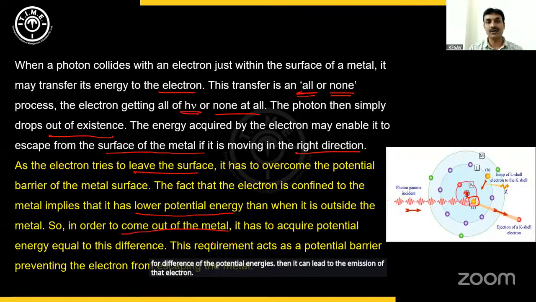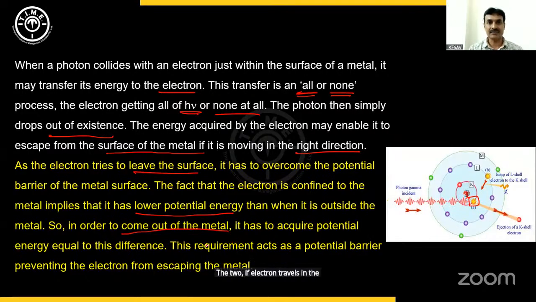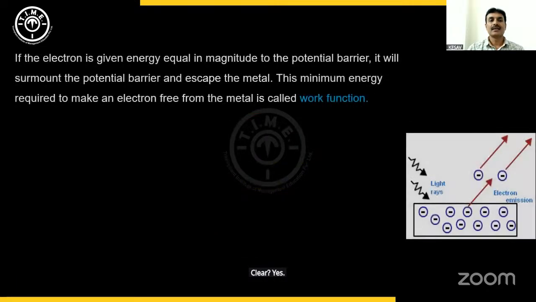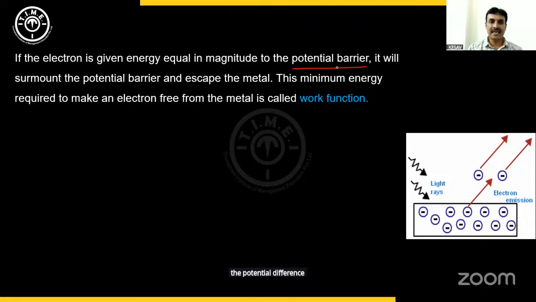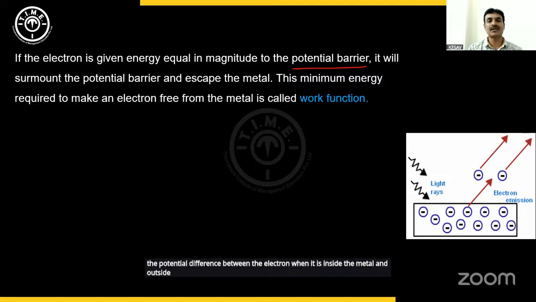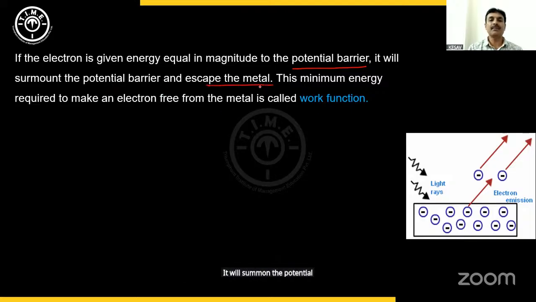That too, if the electron travels in the right direction. Clear? Yes. Now, if the electron is given energy equal in magnitude to the potential barrier, the potential difference between the electron when it is inside the metal and outside the metal, that is called the potential barrier. It will surmount the potential barrier and escape from the metal.